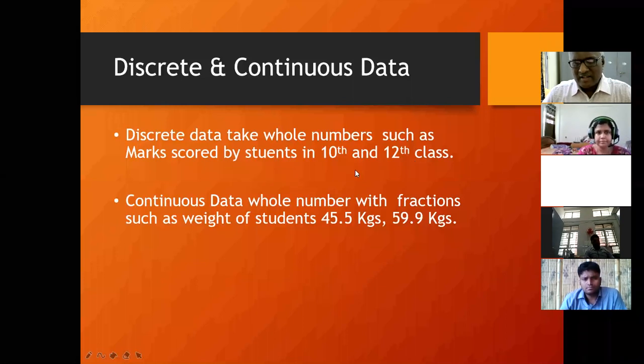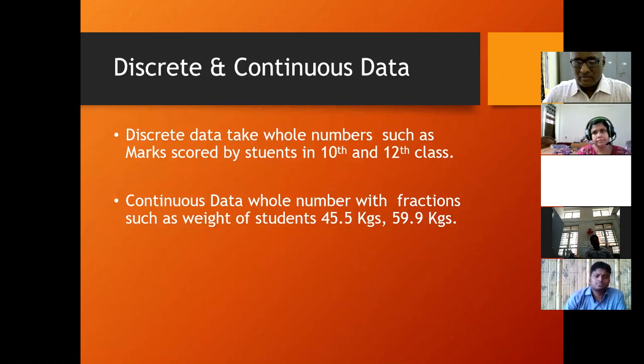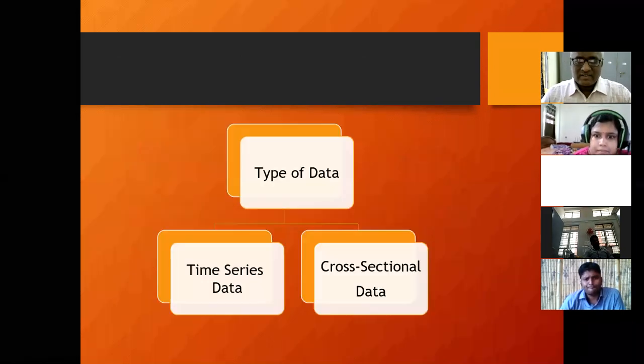It won't take any fractions, for example, 10.5 marks, 10.1 marks. We record the marks scored by students in discrete variables. Whereas continuous data are whole numbers with fractions such as 45.5 kg, 59.9 kg, like this, they are expressed in decimal points. Discrete and continuous data, these are the two types of numerical data.